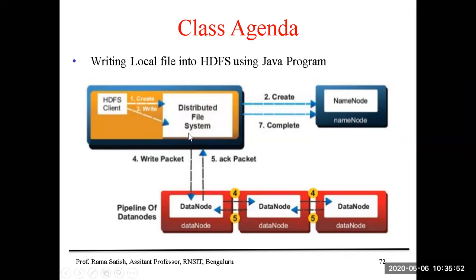The same data will be sent to data node 1, according to the blocks the name node gives. First block is stored, second block is stored, third block is stored. Finally the same information is returned as an acknowledgement packet, and the acknowledgement goes to the name node, and that entire process completes. Anyhow, this we will discuss later.